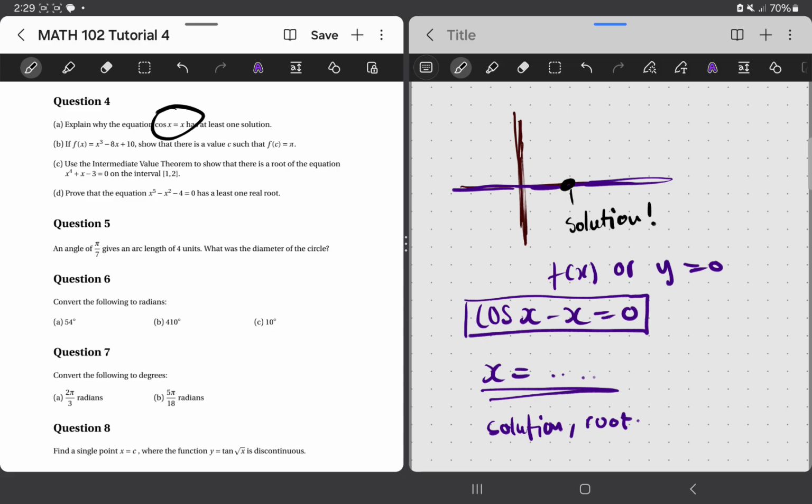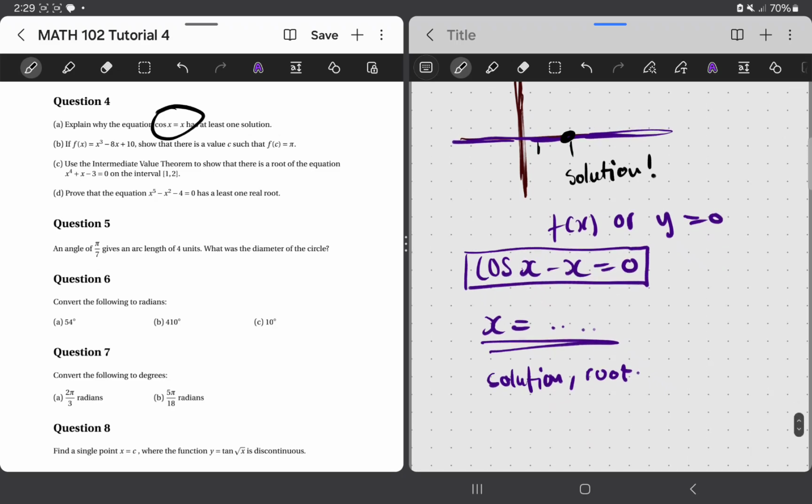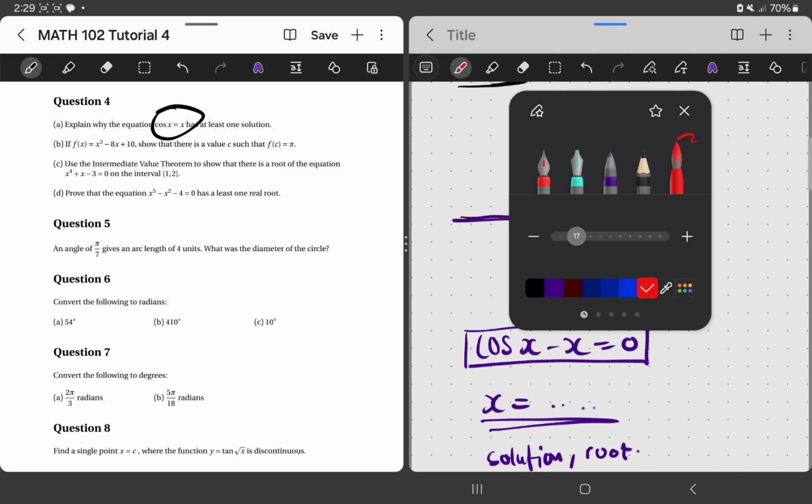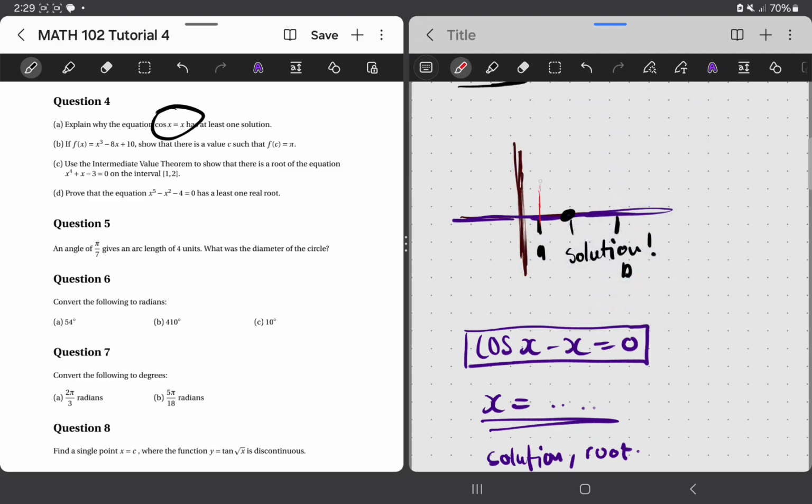Now, the easiest way to know is to choose 2 values, a and b, that are special. a will be a value which gives you a solution which is positive. This will be f of a. Remember, f of a is the result when you put a in the equation.